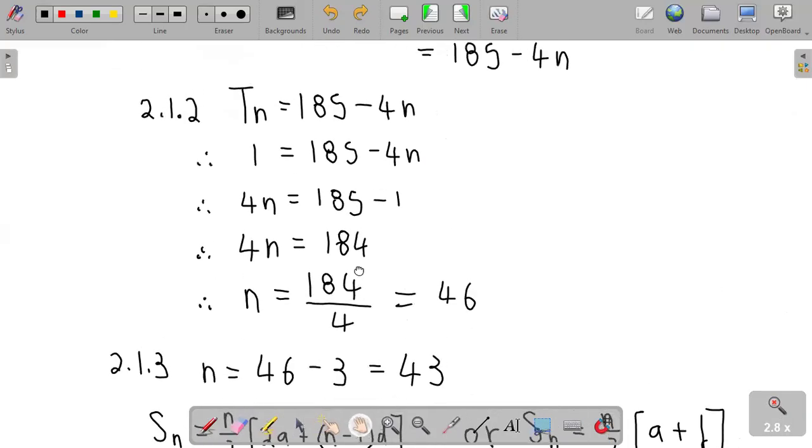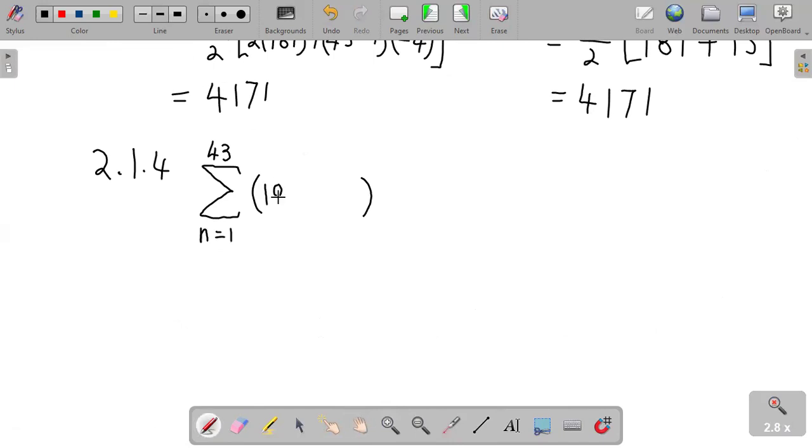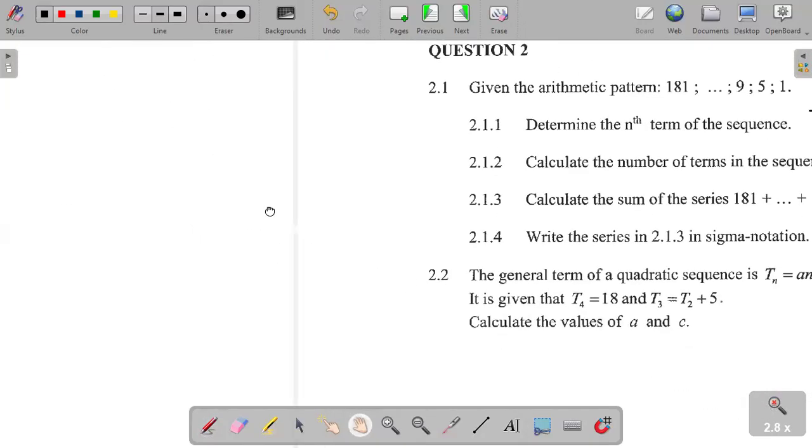We found Tn is 185 minus 4n. Okay, so this is the sigma notation that they are asking for.